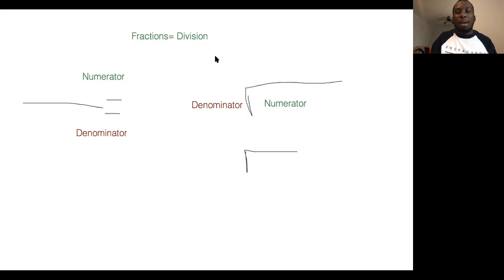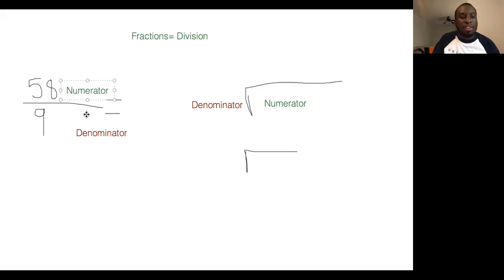So my next problem that I'm going to do for you all is 58 ninths. 58 is now my numerator, and my denominator is now 9.